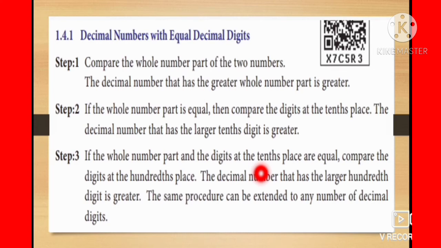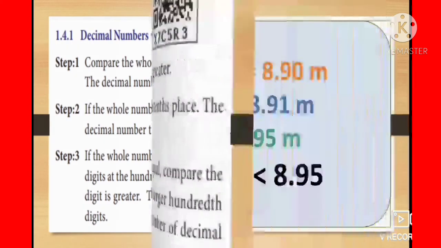So we can say that 8.39 is greater than 8.36. So in this case, we can tell that the decimal number that has the larger 100th digit is greater. So the same procedure can be extended to any number of decimal digits.